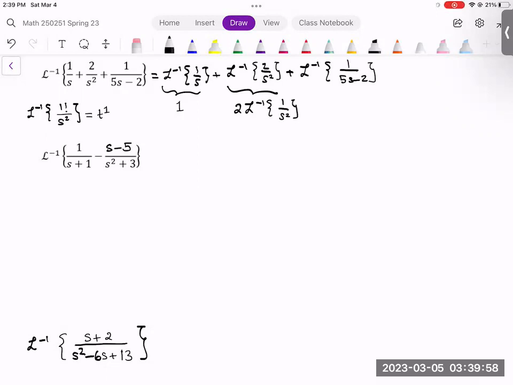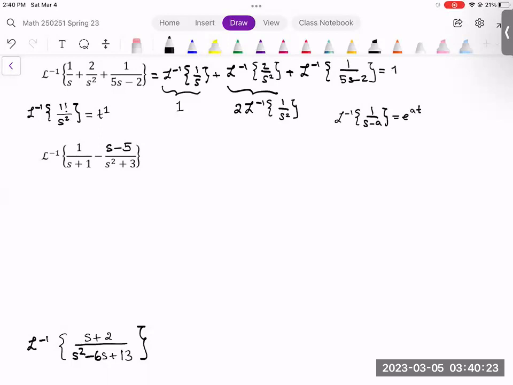So this should kind of remind you of that exponential, the inverse Laplace transform of 1 over s minus a is e to the at. The only difference is that the coefficient in front of the s is a 5 instead of the 1 that it needs to be. So all we're going to do here is just factor out 1/5 throughout.